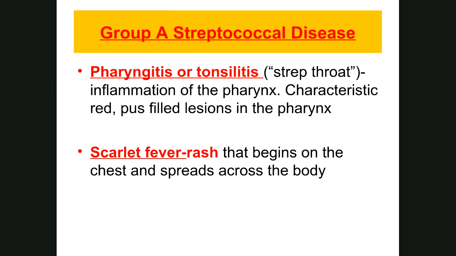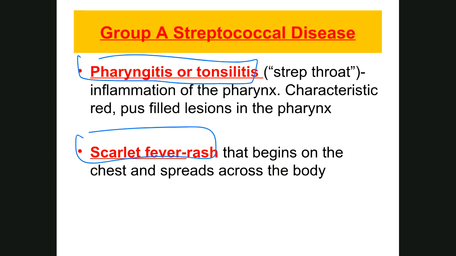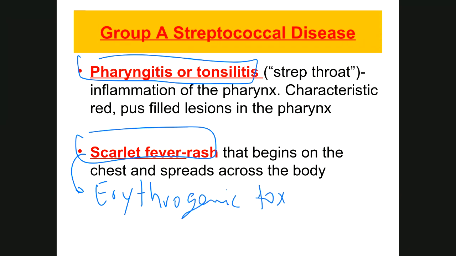As far as conditions caused by the organism, the most common condition is going to be strep throat or pharyngitis. Some strains may cause scarlet fever, especially the strains that have the erythrogenic toxin. So the organism will need to have the erythrogenic toxin to cause scarlet fever, and not all group A streps have the toxin.